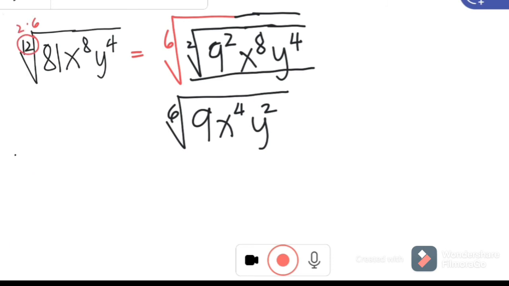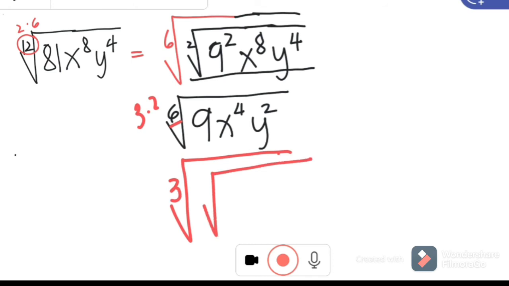So the 6 can be 3 times 2. So let's have cube root outside and square root inside. 9 is 3 squared. This is 2. X to the 4th and y squared.